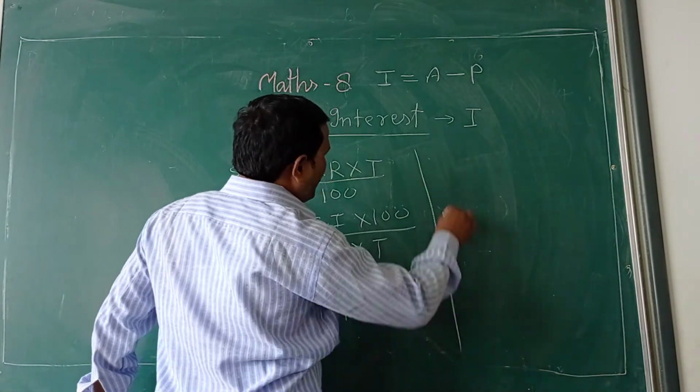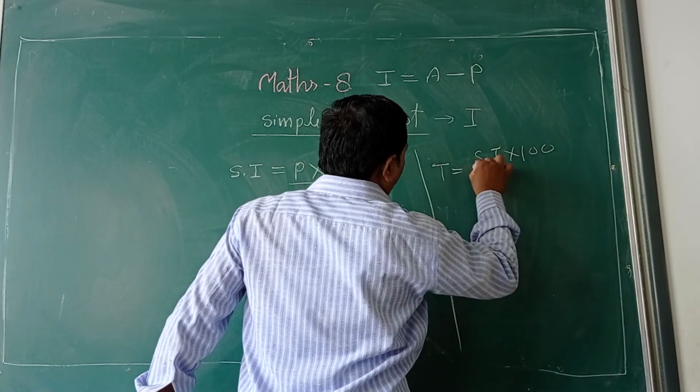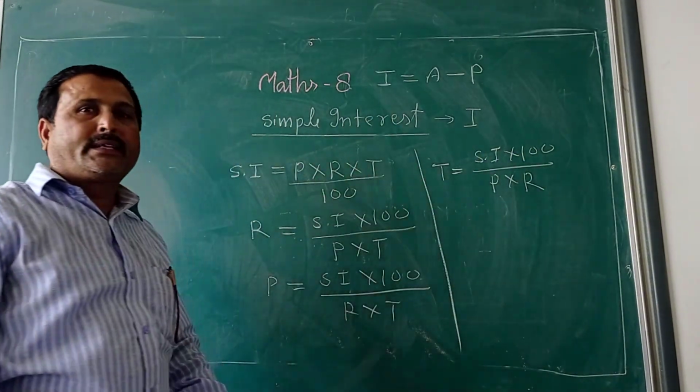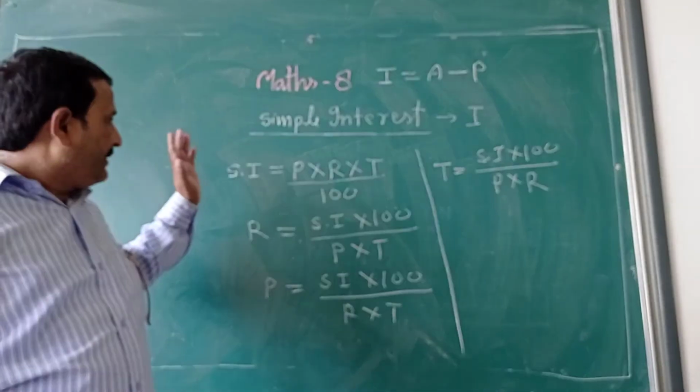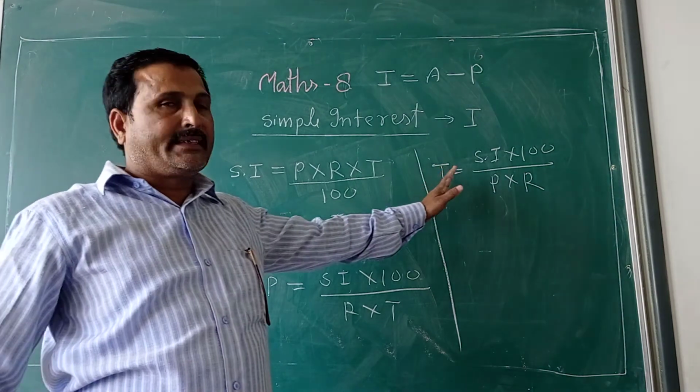Similarly, time is equal to SI into 100 upon P into R. In this way you can calculate simple interest, rate, principal and time.